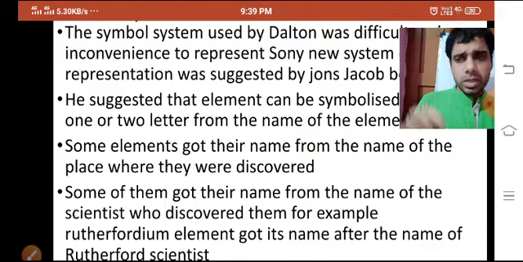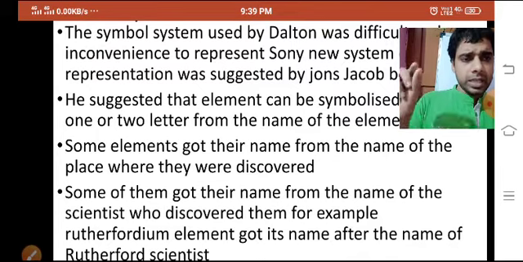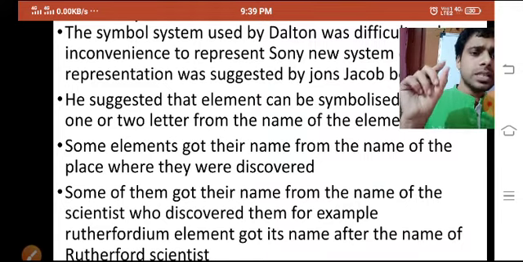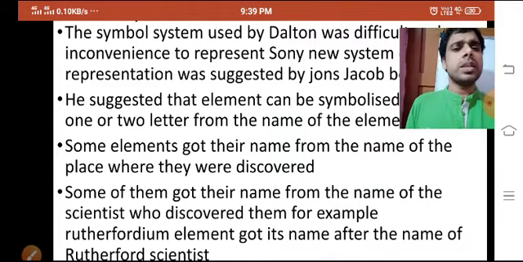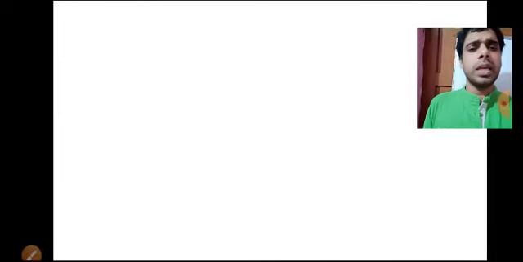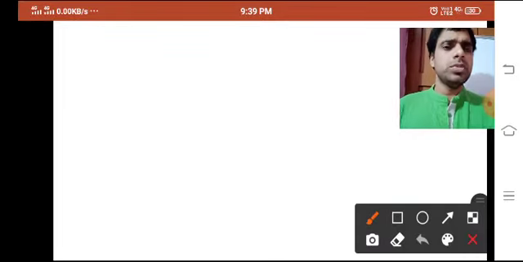In that case, in helium you have to write the second letter in lower case.